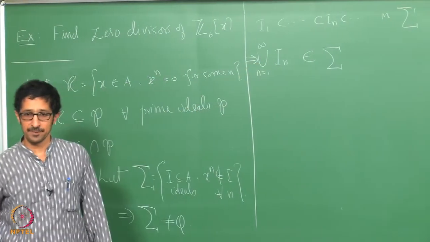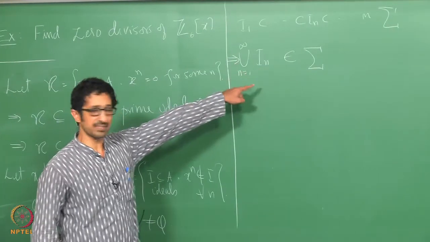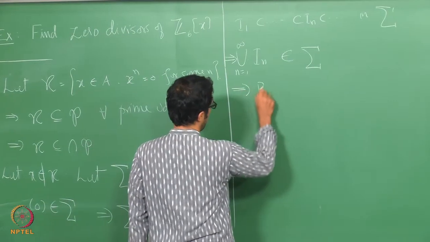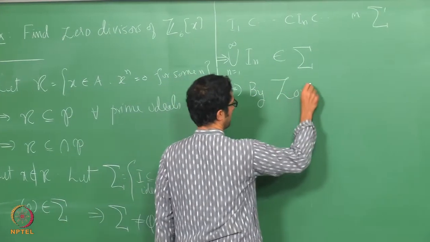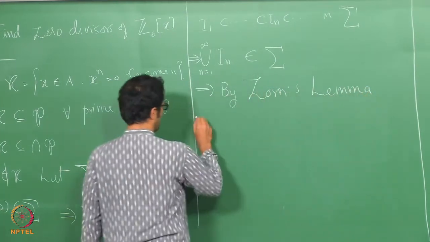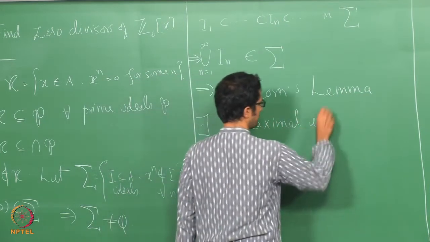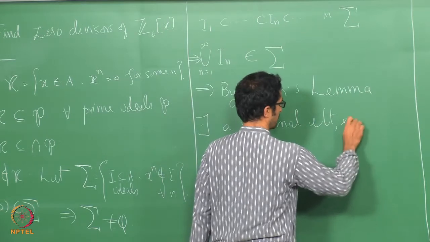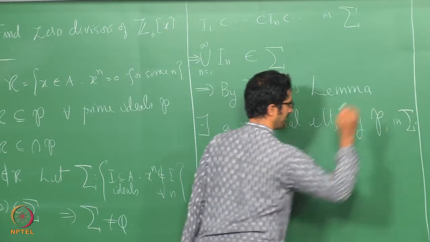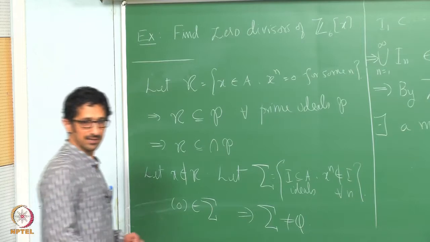Which means that every chain in sigma has an upper bound in sigma. Therefore, by Zorn's lemma, there exists a maximal element, let's call that P, in sigma, and we wanted to prove that P is a prime ideal.